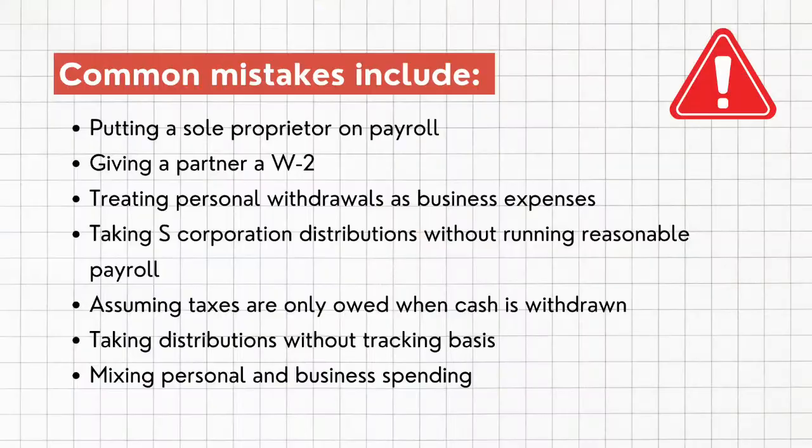Taking S corporation distributions without running a reasonable payroll, assuming taxes are only owed when cash is withdrawn, taking distributions without tracking your basis, and mixing personal and business spending. Some of those are worse than others, but they're all bad mistakes. So remember, the payment method must match the business's tax structure.